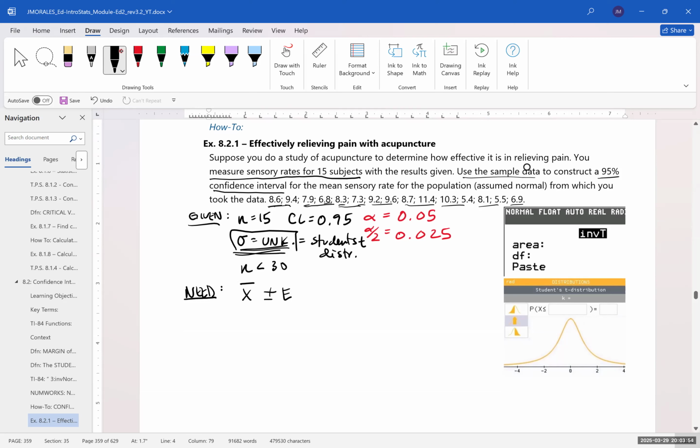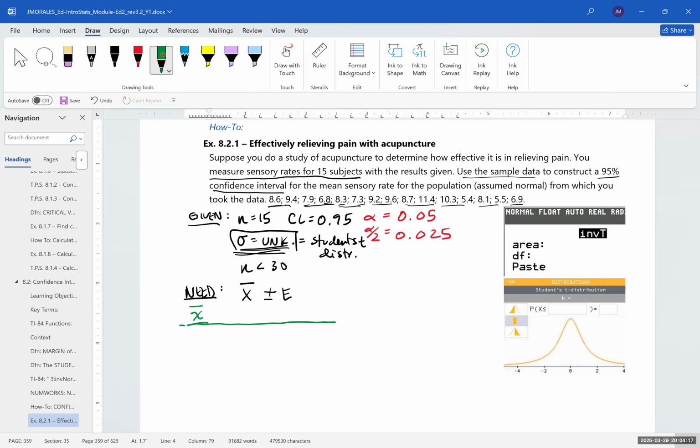Now, we have neither right off the bat. So what we need to do is maybe first look at calculating the mean. So how do we get that?